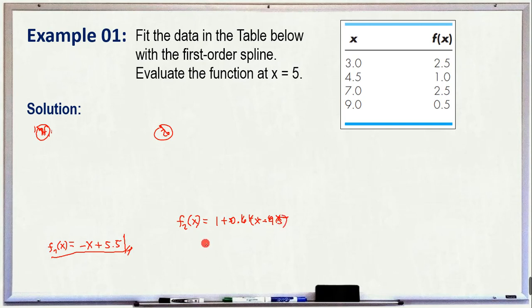I think murag nag-overlap na siya. So we have 0.6 x, and then the result here is negative 2.7, no? So minus 2.7, but we still have 1 here, so plus 1. So pilay result. 0.6x minus 1.7. Sakto ba?